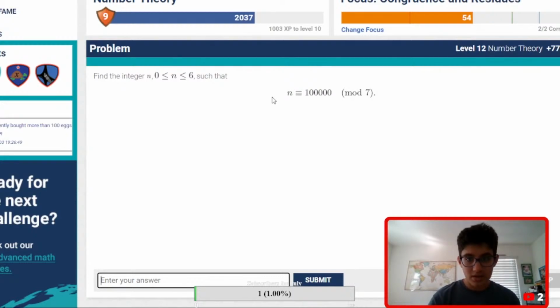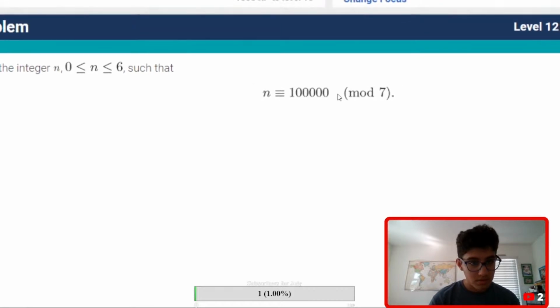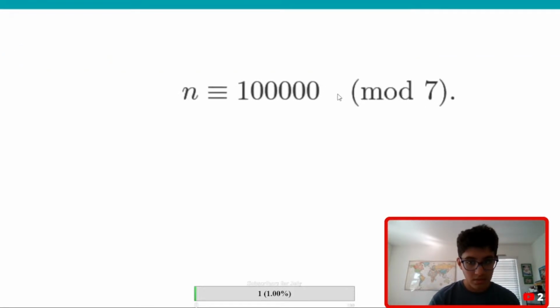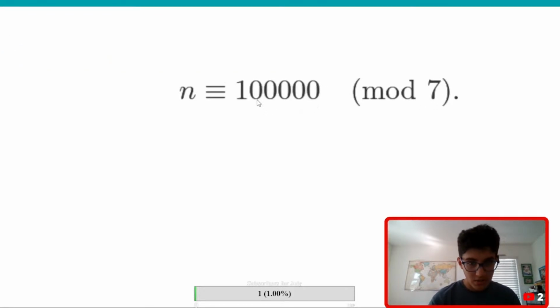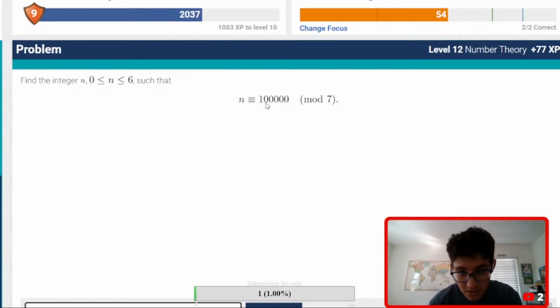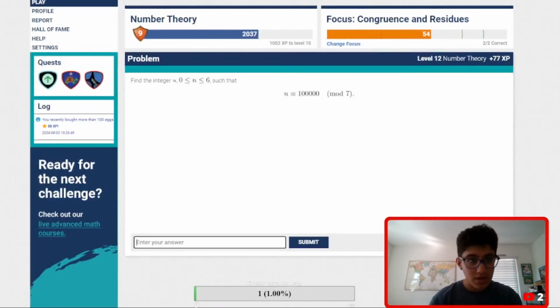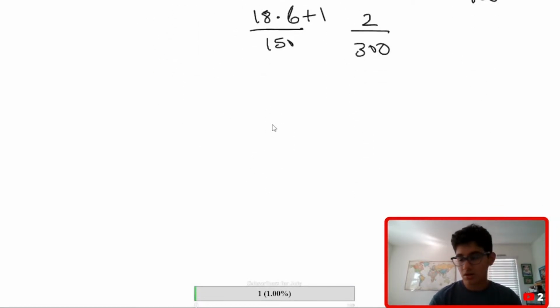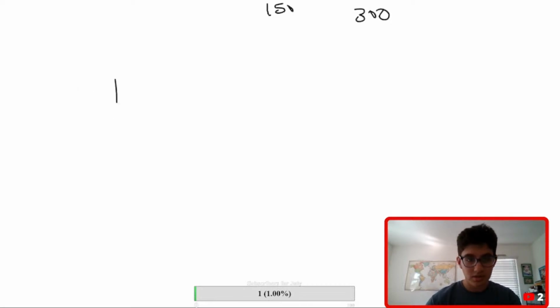Find the integer n such that it's congruent to. Okay, so we can just take out. This is how many zeros? One, two, three, four, five. So it's 1,000. Oh no, not 1,000. 100,000 mod 7.